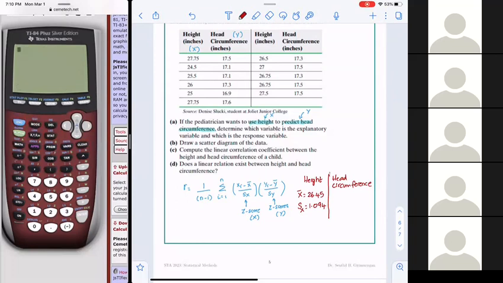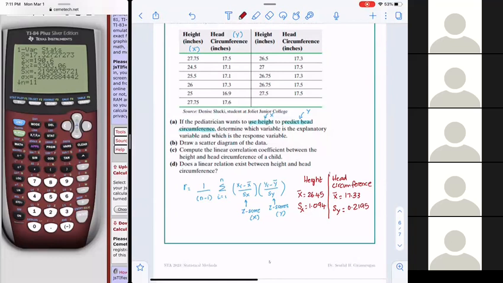So start, calculate, one variable statistics of list 2. The mean is 17.32. Guess I could round it to 17.33. And the standard deviation is 0.2195.